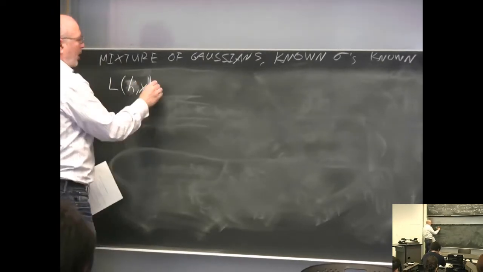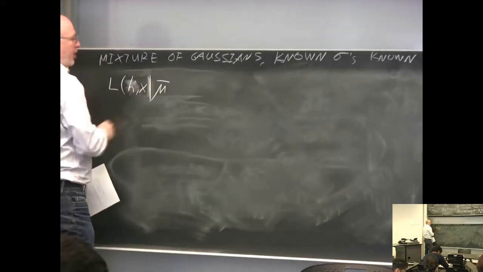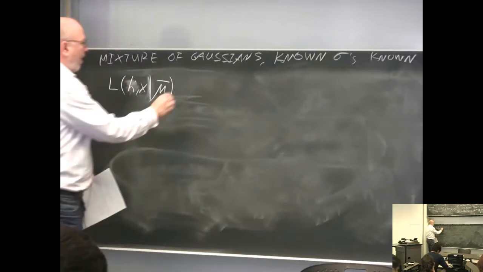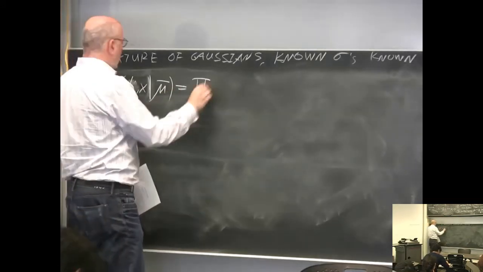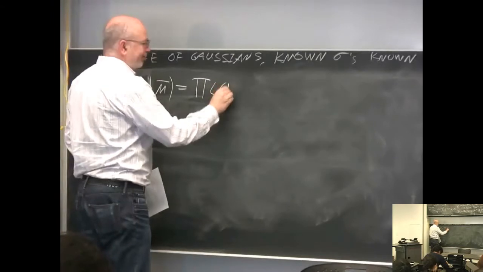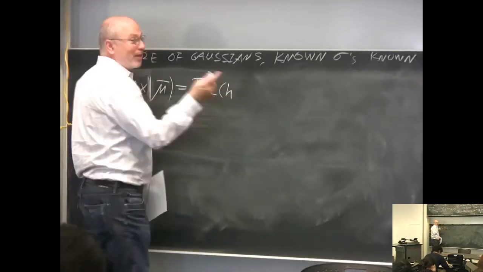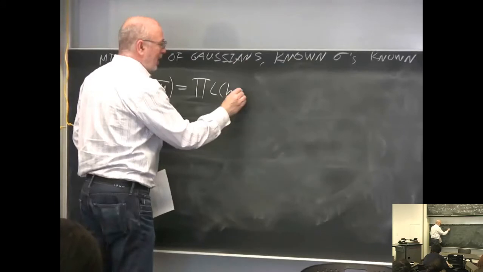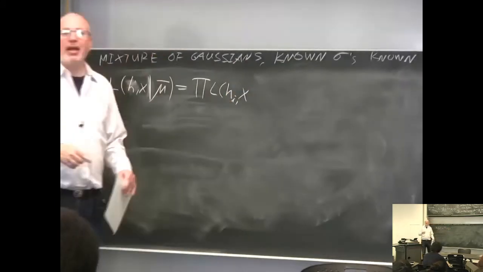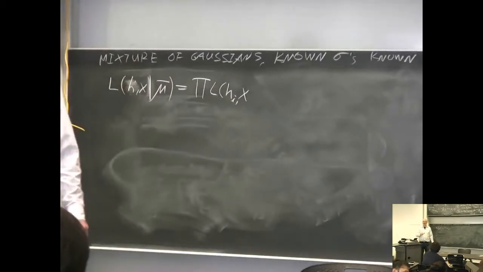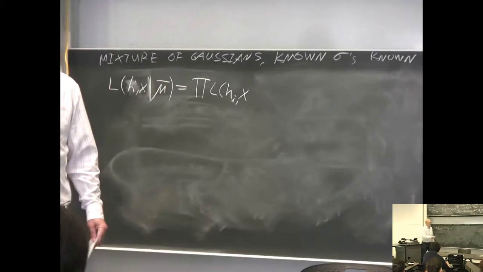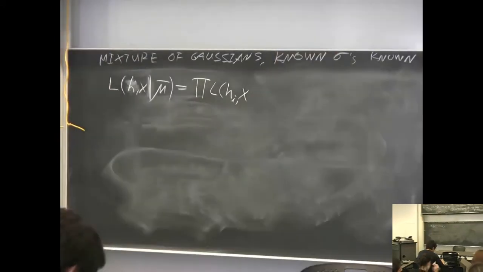Conditioned on our mu's, which are our thetas, it's the product of the likelihood of each. That's what the problem is. I write it here as hi xi. So I'll tell you what, I'll use h for my latent event, and I'll use z for the binary variables that capture that latent event. So I'll do that here too, so we have an exact match.